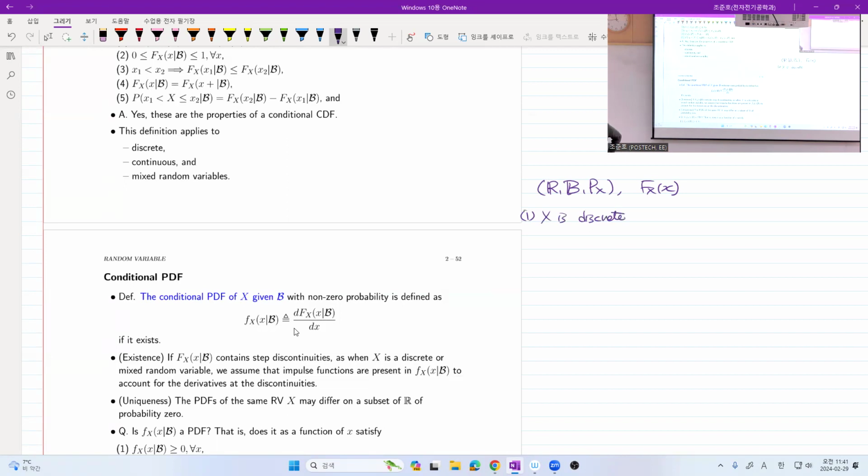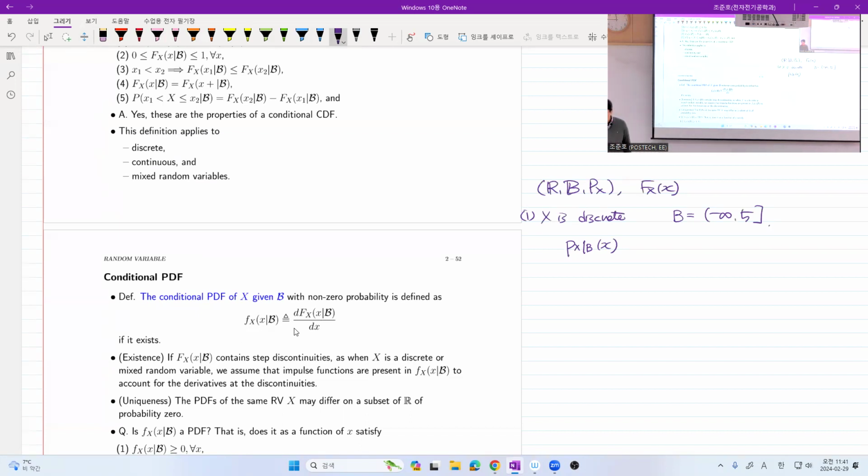And you choose some set B, something like this, okay? Then I ask you, what is the conditional probability mass function of X given event B? And I will denote it in this way, okay? So in the subscript, I will put the conditioning bar and B.